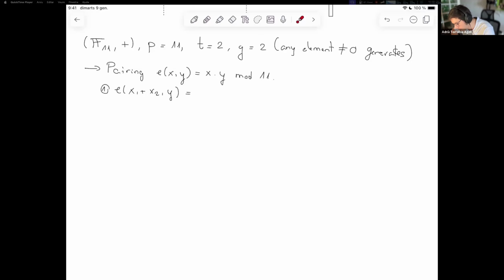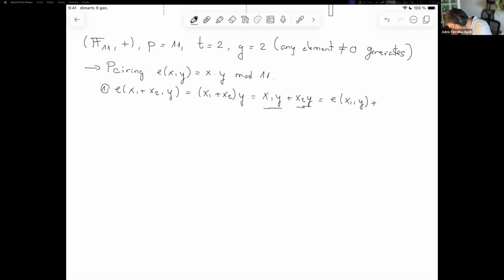This means that if we do e of x1 plus x2, y, by the definition I have to multiply, so I take x1 plus x2 times y. I apply the distributive property. This is the same as x1 times y plus x2 times y. And I realize that this is e of x1, y plus e of x2, y.